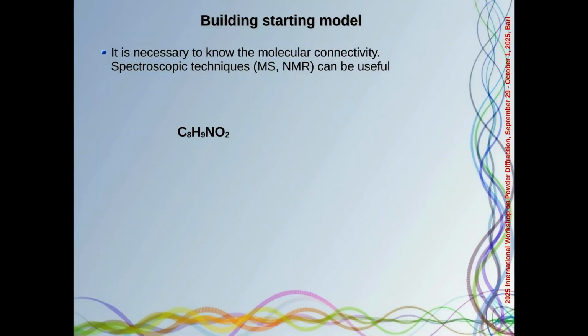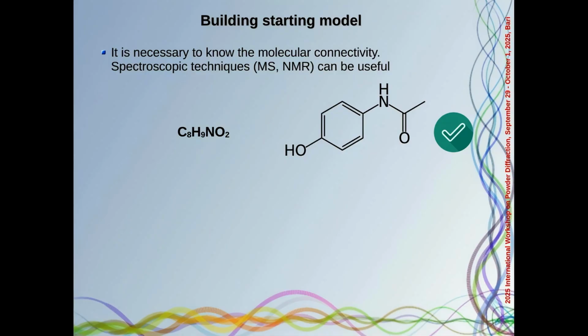In general, the molecular formula is not sufficient for real space methods, because it contains only the number and type of atoms. You need the structural formula, because it contains information about the connectivity and the type of bonds, for example single or double bonds. This is important information to build your starting model.